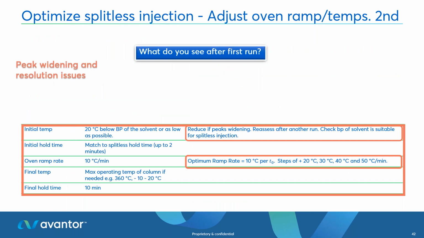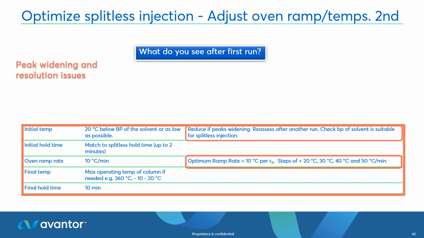Same goes again with oven parameters that you can change, but it's a little bit different with splitless because we have that hold time. So we have an initial hold time that we didn't have with split injections. So we need to make sure this is matching the inlet hold time, that time it's injecting the sample and transferring it. Because if we start increasing the temperature too quickly, then we're going to lose the benefit of a splitless injection.